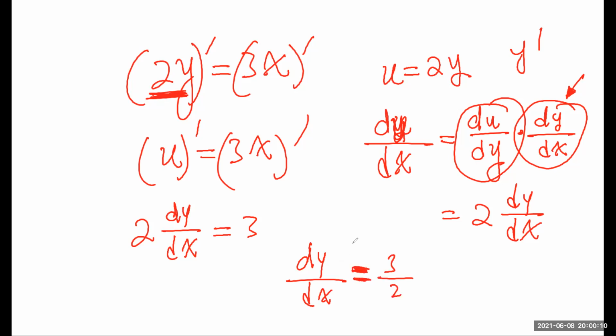But this just shows you that for this kind of problem, you really don't have to do implicit. But for some problems, it's much better to do implicit differentiation than explicit. So for example, we have something like this: y squared.